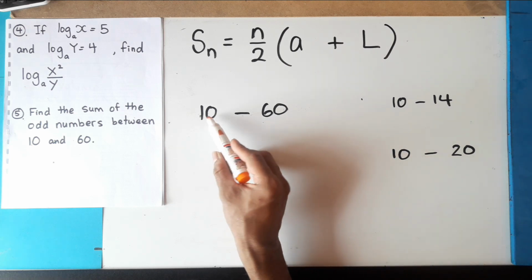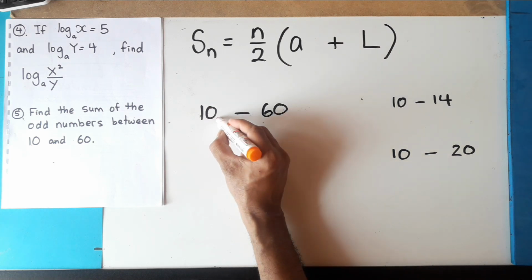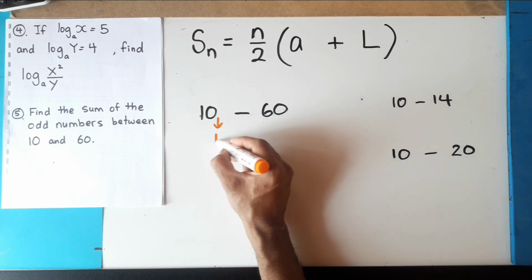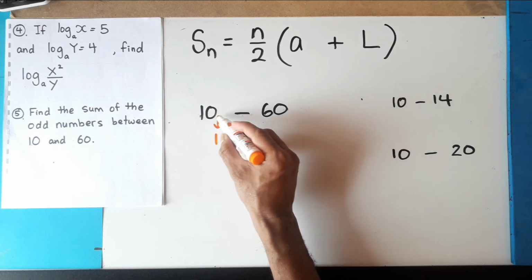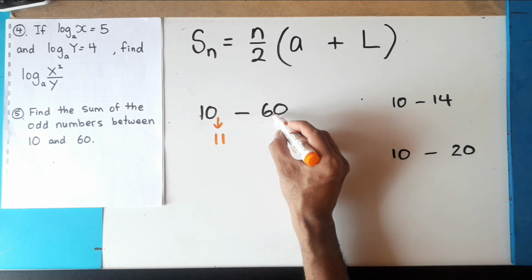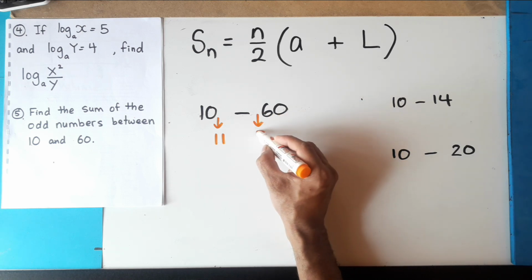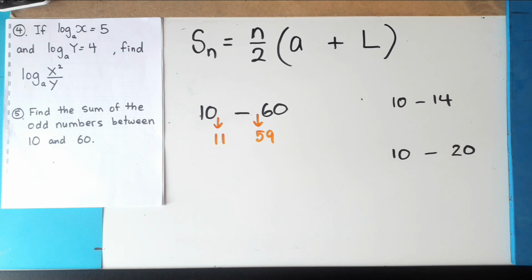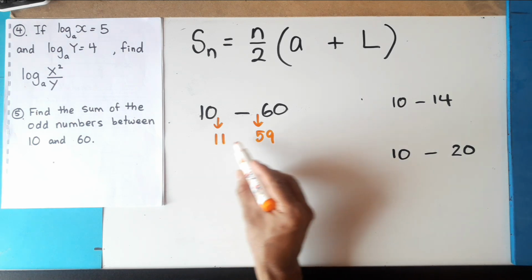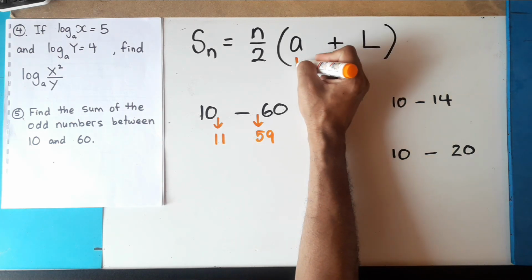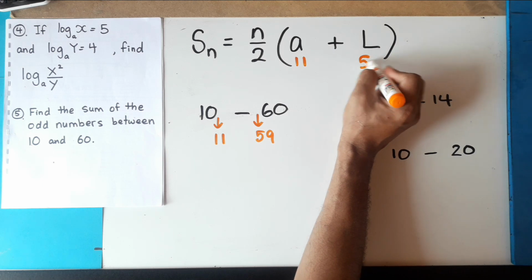Alright, so they want you to find the sum between 10 and 60. If you start at 10, 10 is an even number, so the next odd number would be 11. If we keep counting up to 60, 60 is an even number, so the odd number just before 60 would be 59. So at least we know the first term is 11 and the last term is 59.